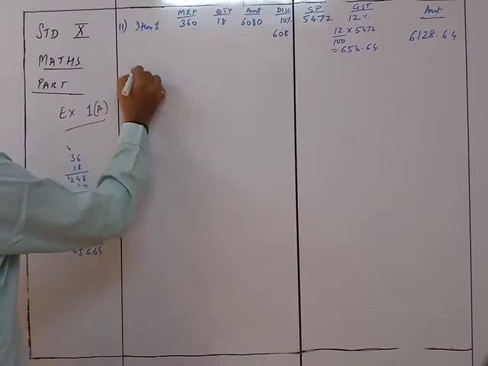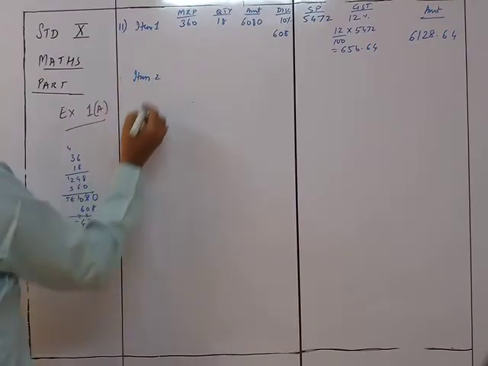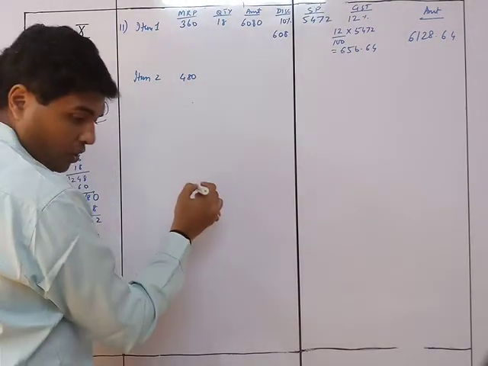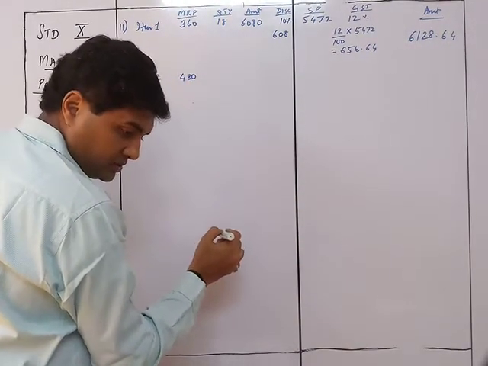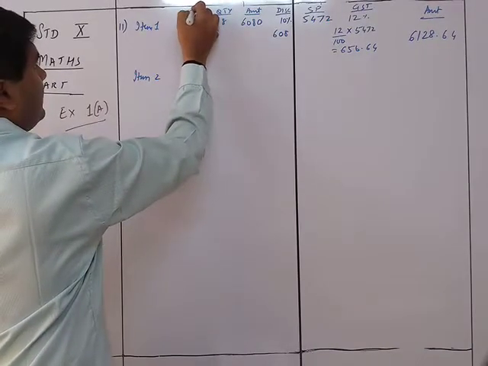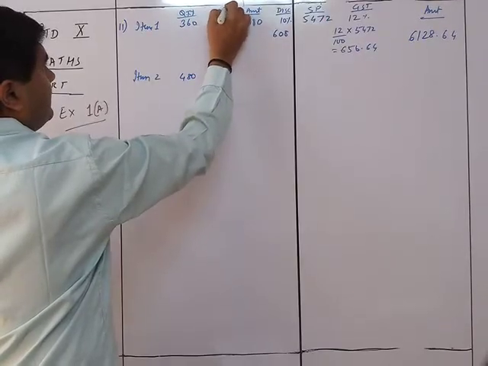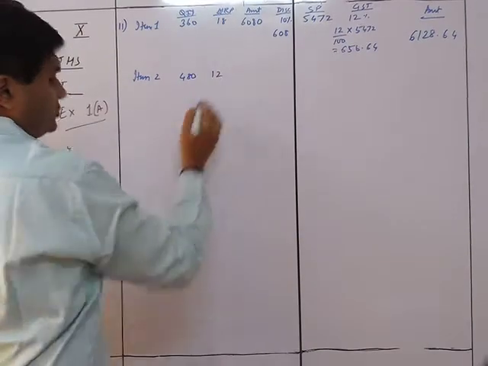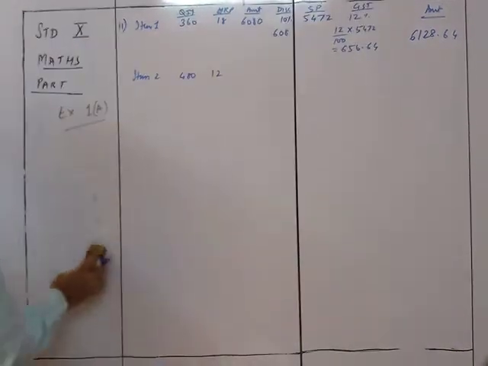So item 2, 480 rupees, quantity is, sorry, I said it the wrong way around, okay. This is the quantity and this is the MRP. So the quantity is 12 over here and the MRP is 480, so 12 into 480.